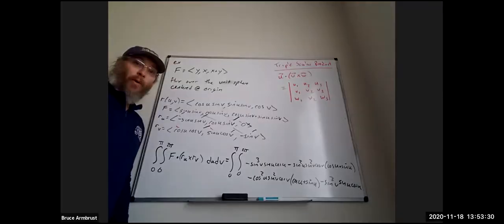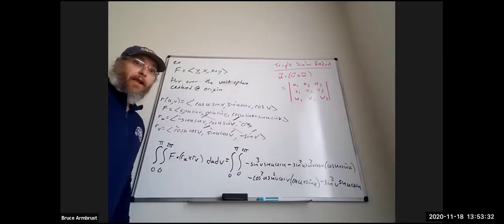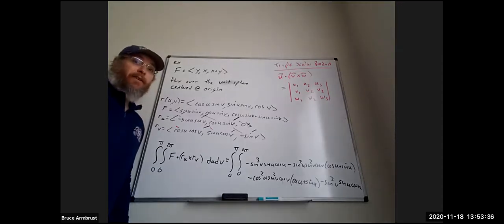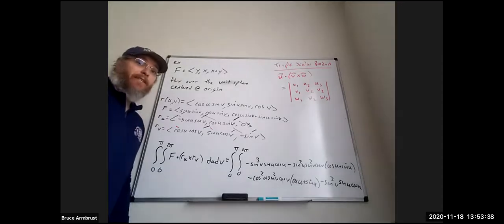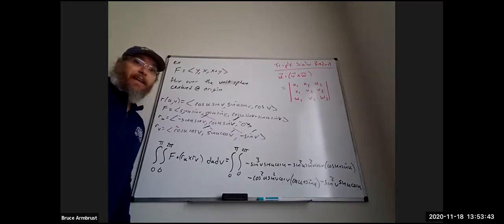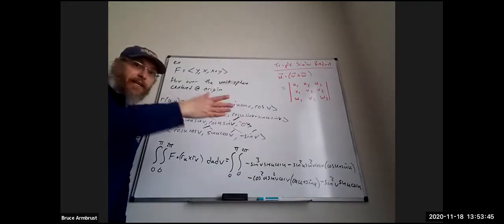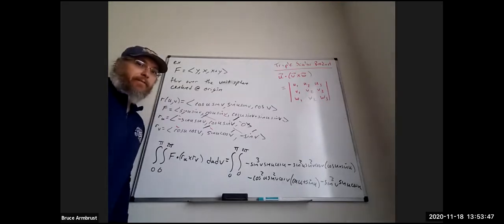So by doing it that way, always, again, positive versus negative meant something to us. So we knew which direction the flow was going, right? Otherwise, if we hadn't done that, same issue. Here's a line integral. I get a flux of 5.